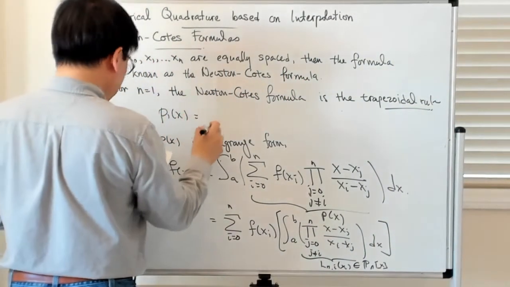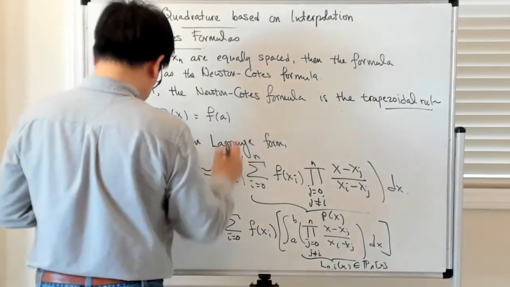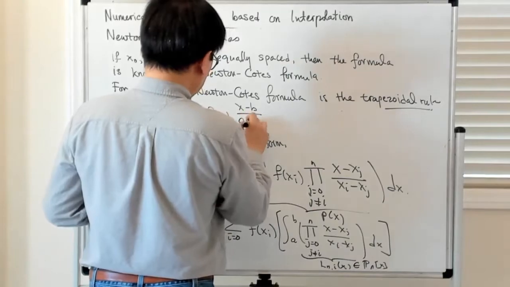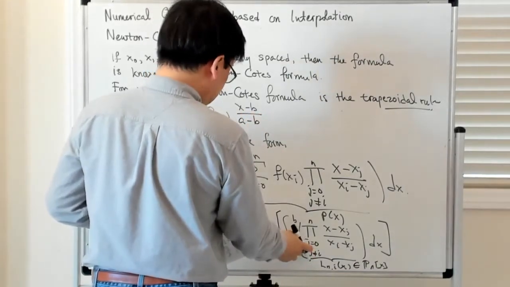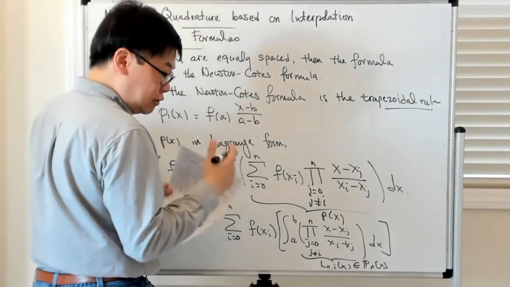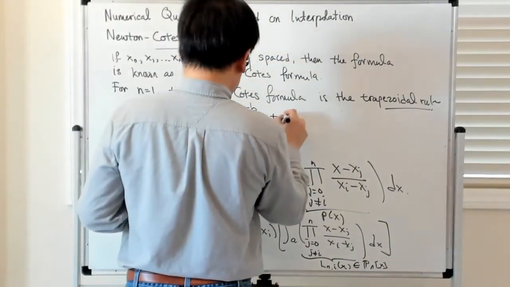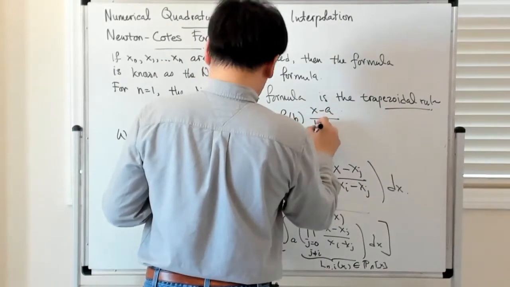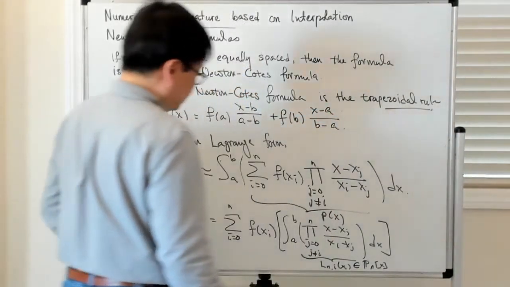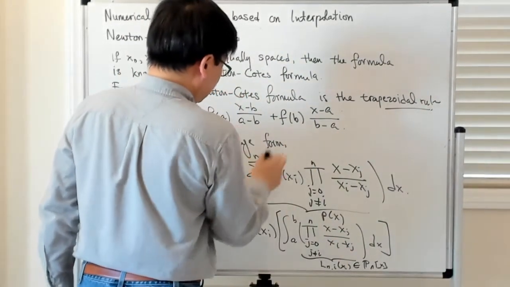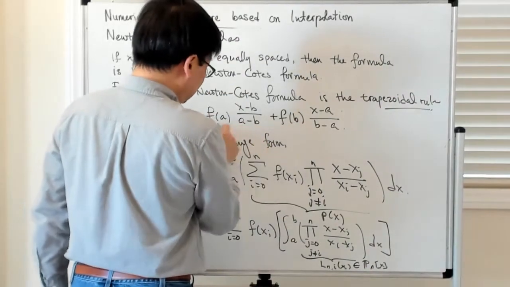P1 of x is going to be f at a, times (x minus b) over (a minus b), plus f of b, times (x minus a) over (b minus a). I'm writing down essentially the first order Lagrange interpolating polynomial. These are the function values at the 2 endpoints.